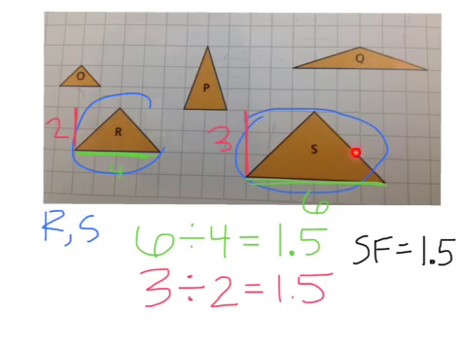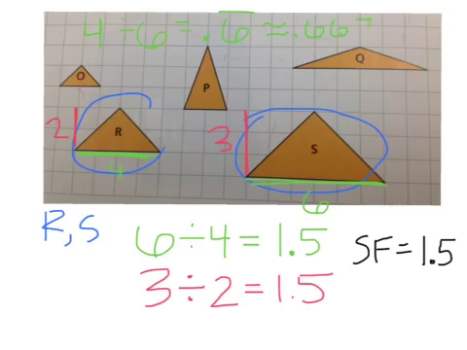So if I want to go from big to little, I know that my scale factor has to be something smaller than 1. So I can divide in the other order, and I could do 4 divided by 6, and 4 divided by 6 gives me 0.6 repeating, or about 0.667.